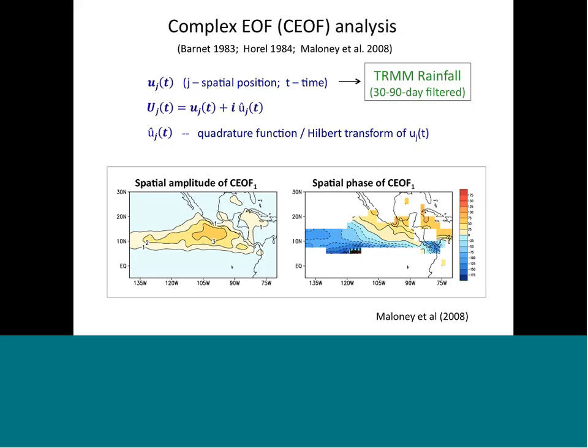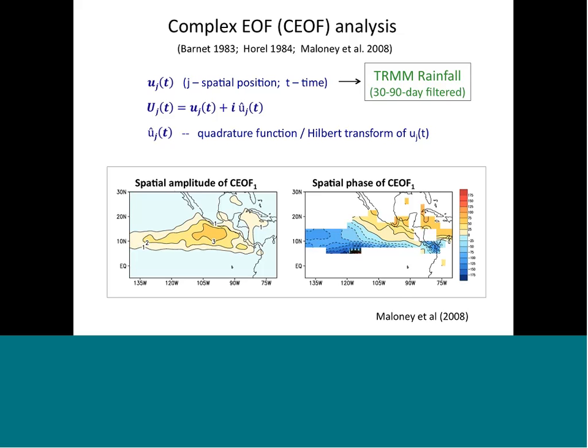So if we apply this complex EOF analysis to the 30 to 90-day bandpass filtered TRMM rainfall during boreal summer over the Eastern Pacific domain, shown in the lower panel, we can derive the spatial amplitude and the spatial phase distribution of the leading ISV modes over the Eastern Pacific.